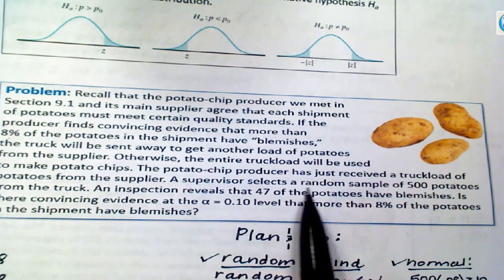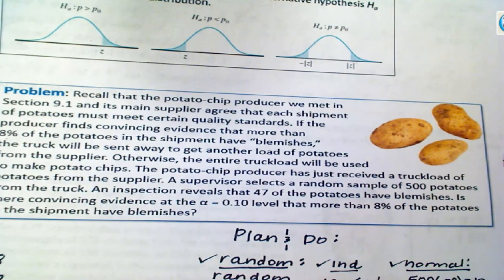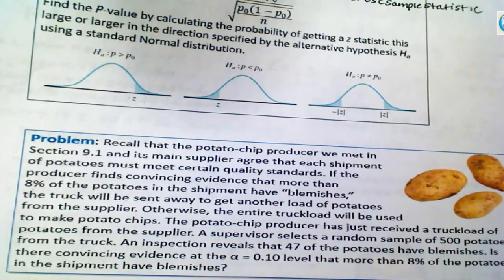The supervisor selects a random sample of 500 potatoes. An inspection reveals 47 of them have blemishes. Is there convincing evidence at the alpha equals 0.10 level that more than 8% of the potatoes in the shipment have blemishes?